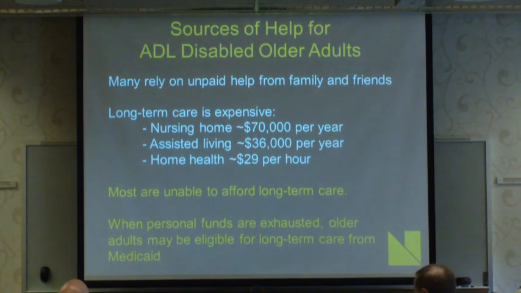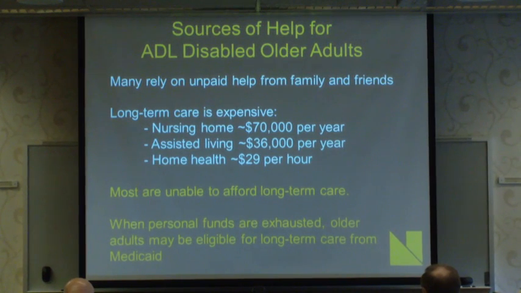And then home health care, where somebody actually comes into one's home and provides services so that one can complete these basic activities, is quite expensive, running between about $22 an hour in some states to $35 an hour, on average about $29 an hour. Most are unable to afford long-term care. That's not surprising.